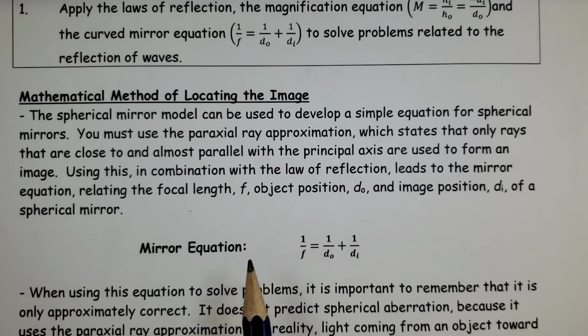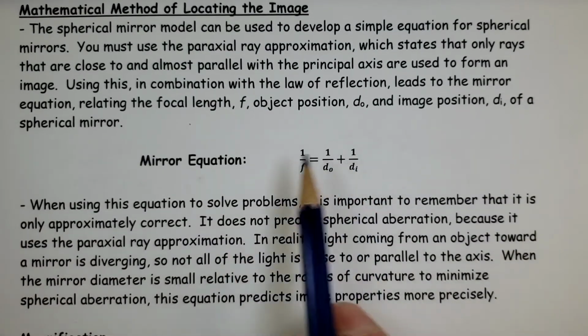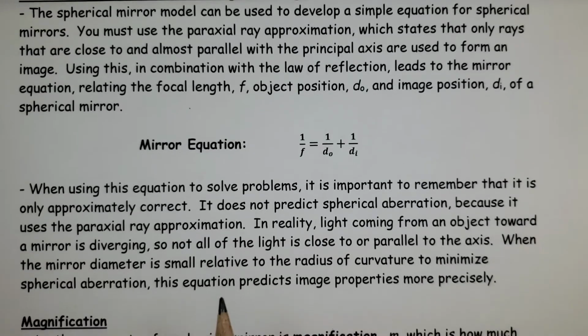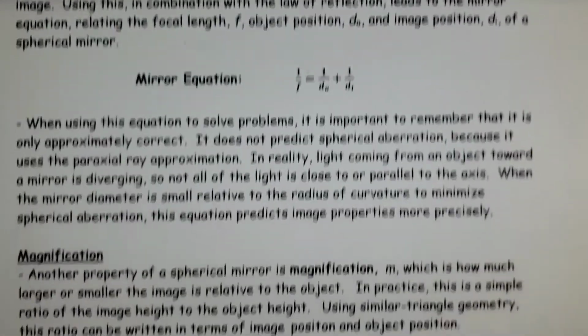Using this in combination with the law of reflection leads to the mirror equation relating focal length, image position, and object position, and it's right there. Using this equation, we're assuming that we don't have a mirror made such that spherical aberration will occur. We're using a mirror that hopefully reflects things to the right areas, so it gives us a good result.